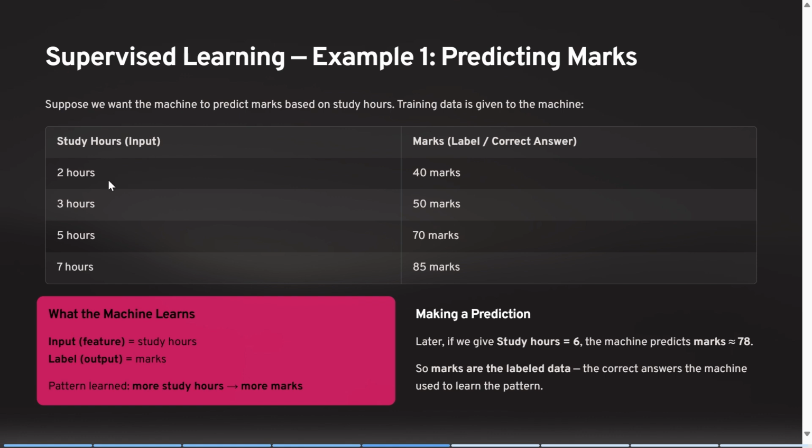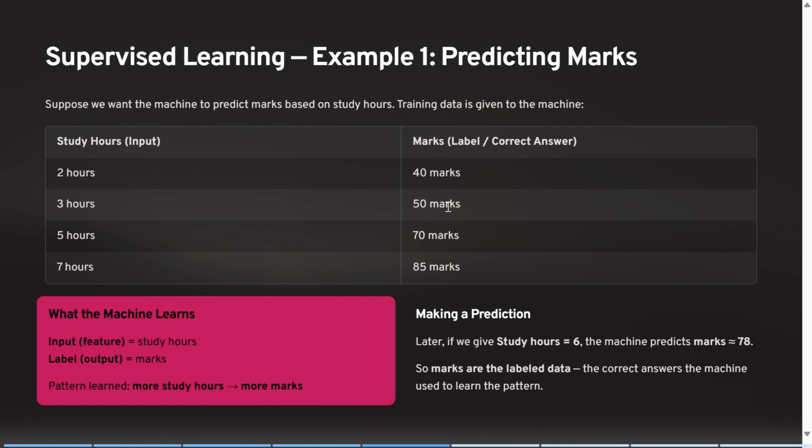A person studying for 2 hours gets 40, 3 hours 50, 5 hours 70, 7 hours 85. So the machine learns that the more study hours, the more marks the student will fetch. Later if we give a new input like 6 hours of study time, the machine will predict marks around 78. So marks are labeled data because correct answers are given.